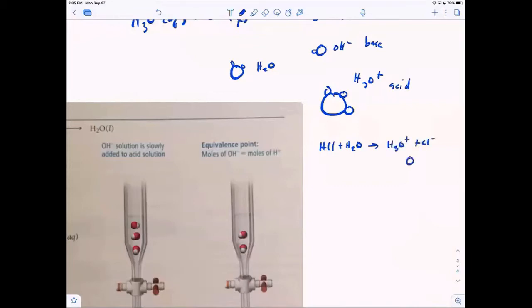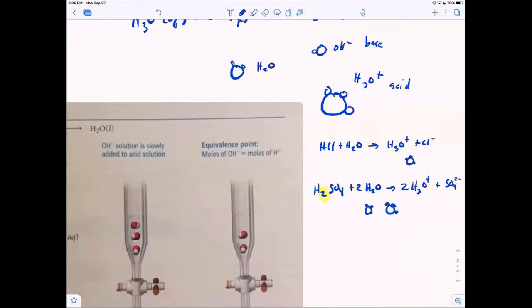So you're making one of these H3O pluses. When you have H2SO4, H2SO4 plus 2 waters makes 2 H3O plus SO4 2 minus. So you're going to have 2 of these weird looking 3-eared Mickey Mouse things. And the reason why you have 2 of these is because there's a 2 there.